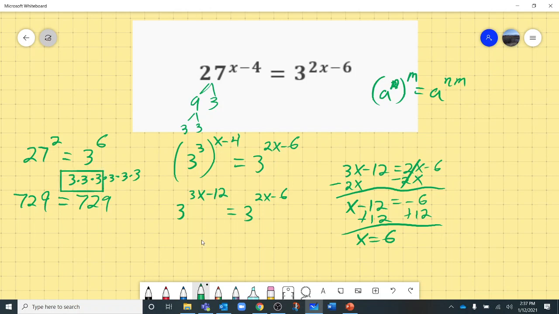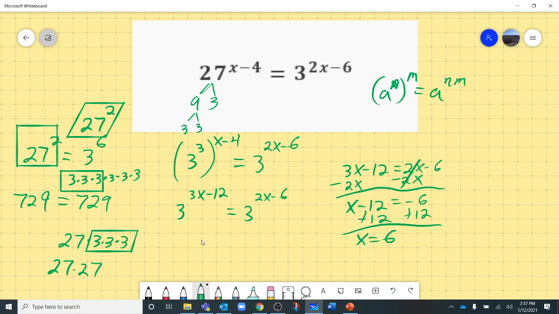That's 3 to the third power. So what I have is 27 times 3 times 3 times 3. Well, that's also 27. So that means I have 27 times 27. And another way of writing that would be 27 to the 2nd power. Okay, so that works. And I just like putting squares around things.